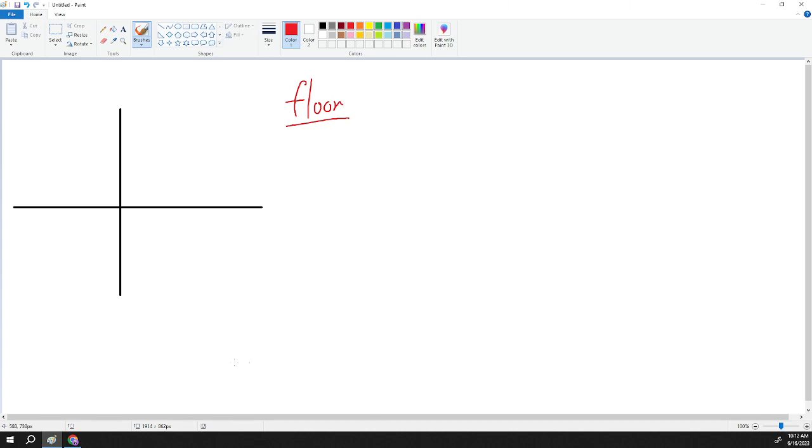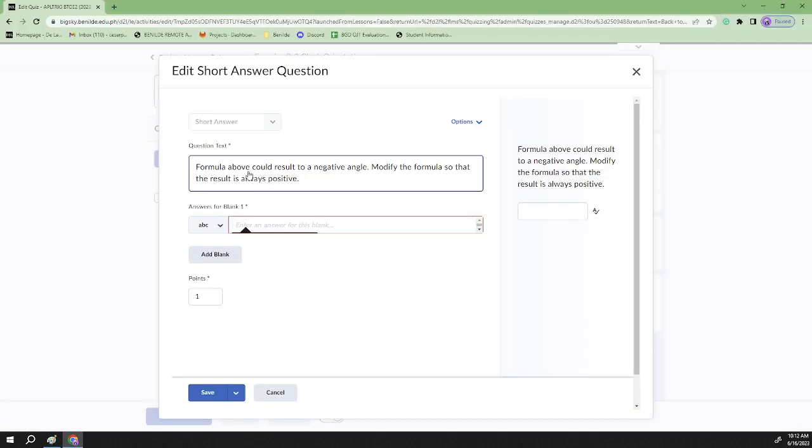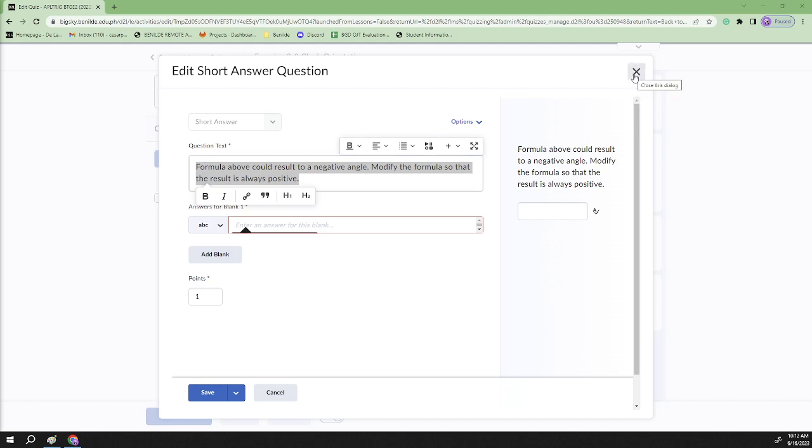Pa-type ng question. Okay, let me copy paste. Ito yung formula above.